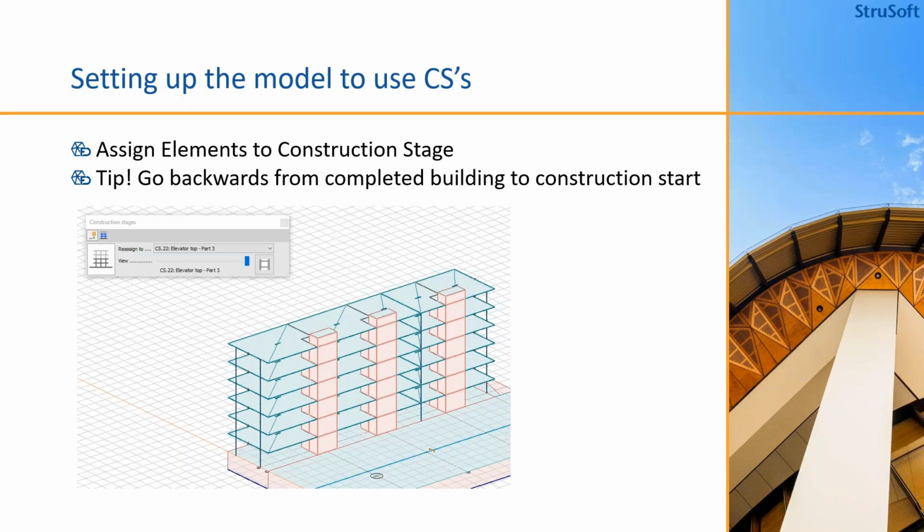It's easiest to build the complete structure that we can see here on the picture, and then you just assign basically backwards, so that the last stage will have the last stage elements, and then you move backwards in order to see what elements you have left until you reach the start of the construction, and then you just basically have the foundation left to assign.